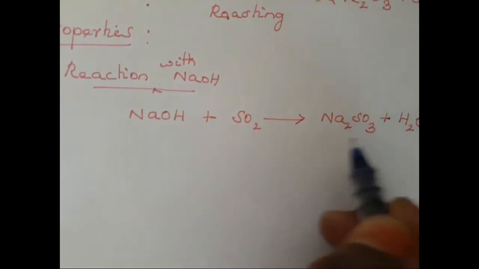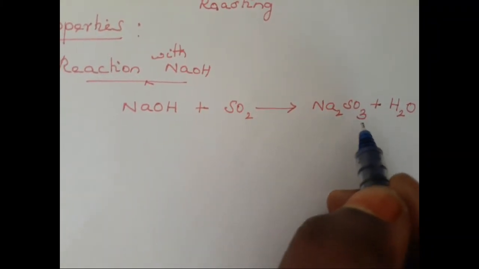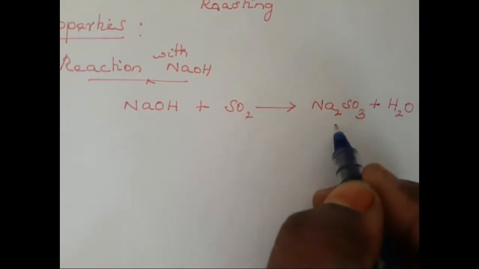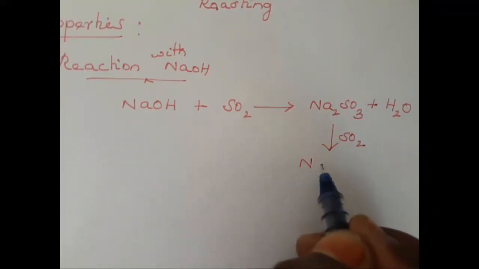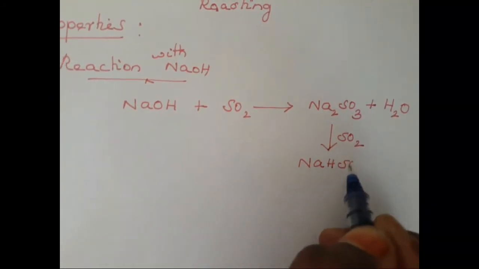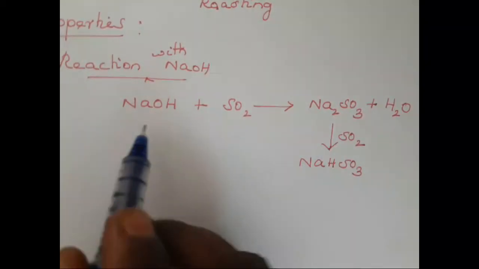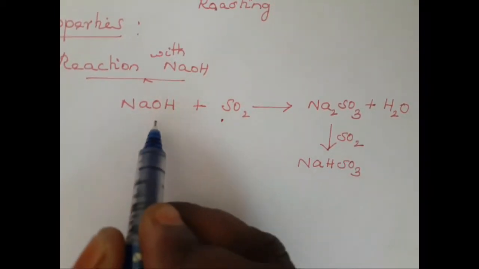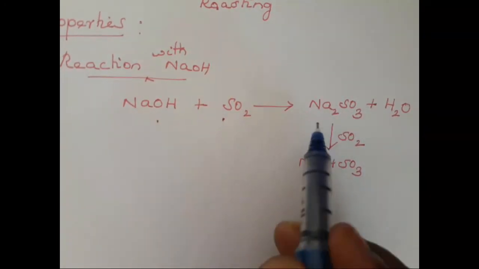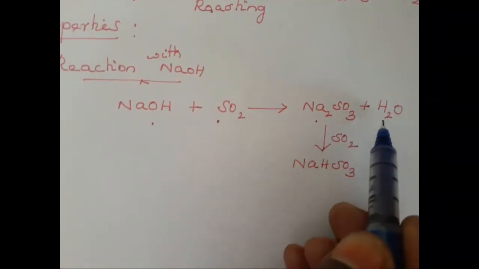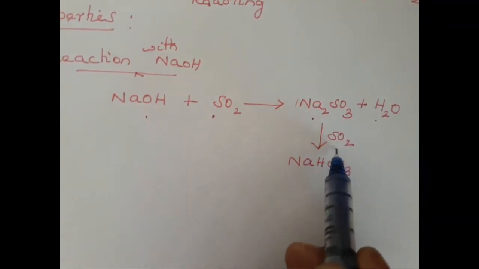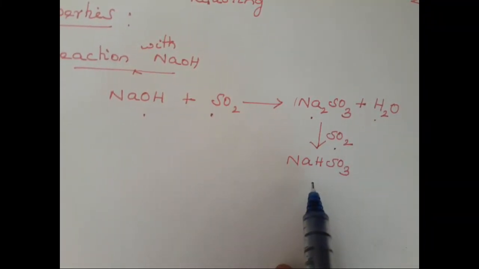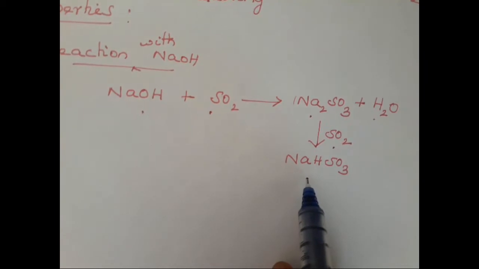When this sodium sulfite is treated with sulfur dioxide again, you will be getting sodium bisulfite. Listen here, when sulfur dioxide is treated with sodium hydroxide, you get sodium sulfite plus water. When the product obtained here is again treated with sulfur dioxide, you will be getting sodium bisulfite.